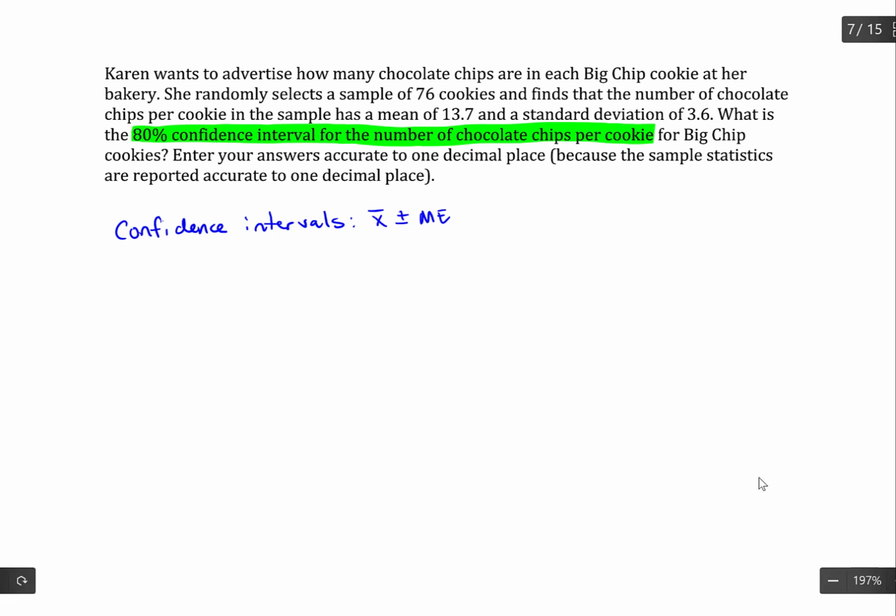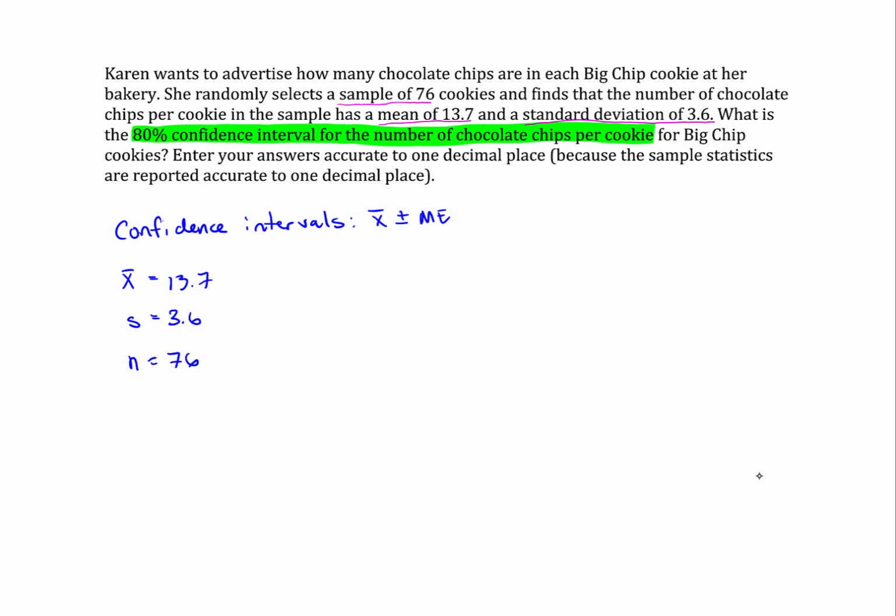We have a sample of 76 cookies, and the number of chocolate chips per cookie in the sample has a mean of 13.7, a standard deviation of 3.6. So let's write that information down. So we have a sample mean of 13.7, a standard deviation of 3.6, and a sample size of 76.